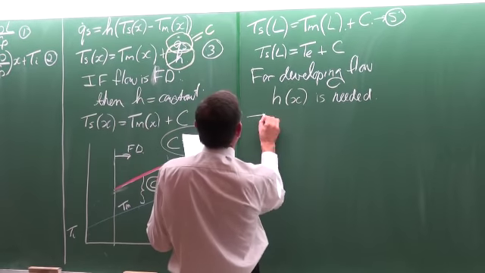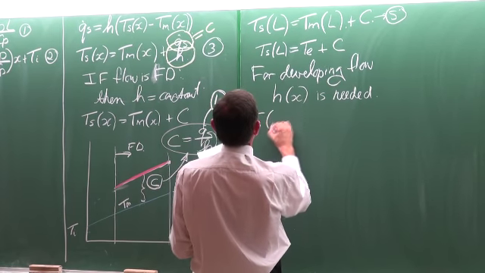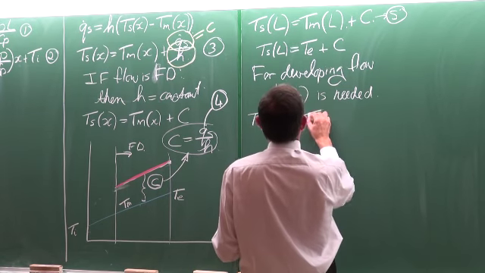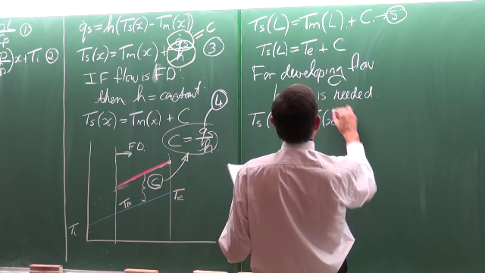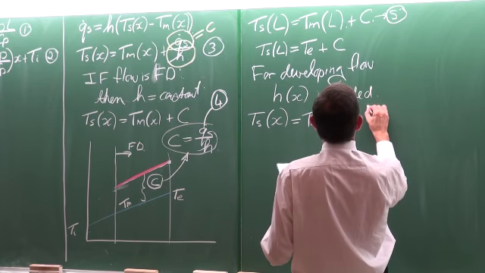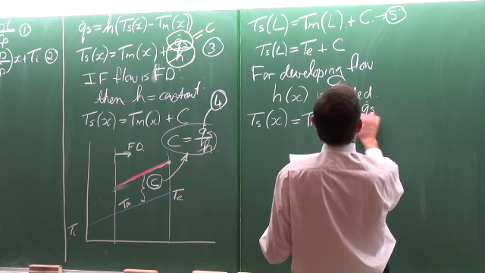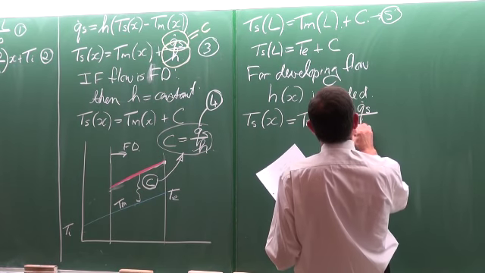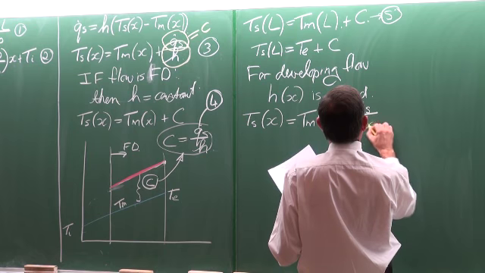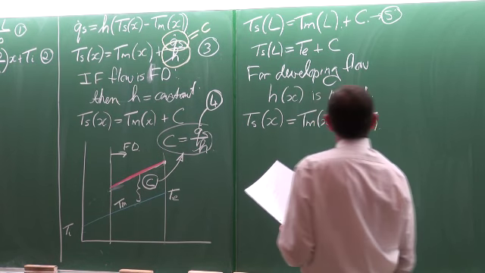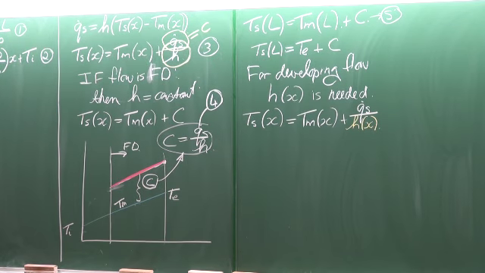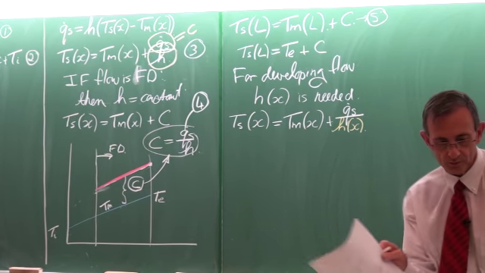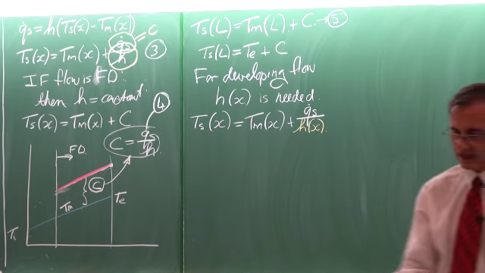In general, the surface temperature as a function of x would be equal to the fluid temperature plus the heat flux, but now not with a constant heat transfer coefficient, but the heat transfer coefficient as a function of x. Does that make sense?